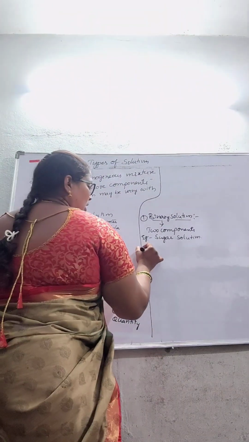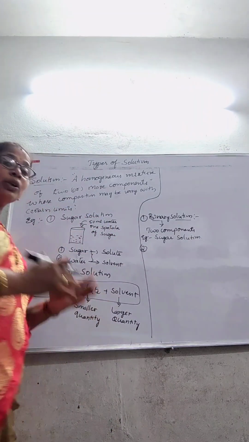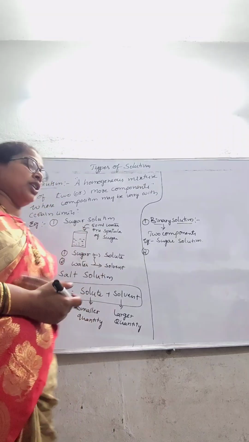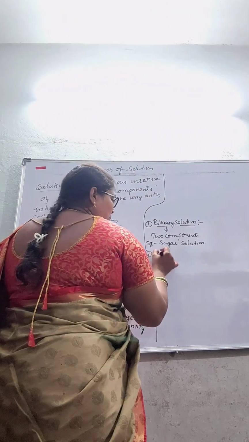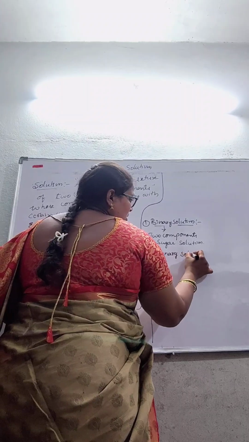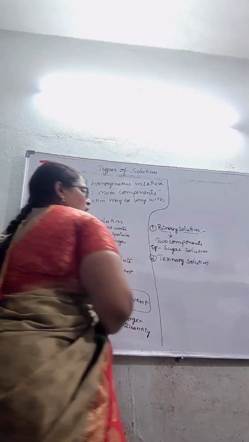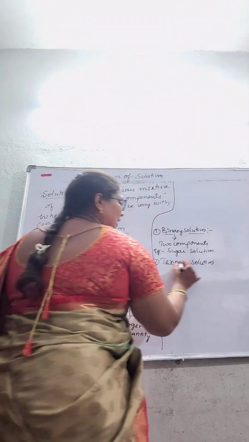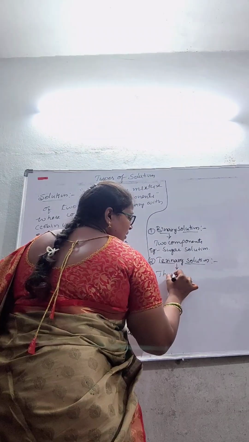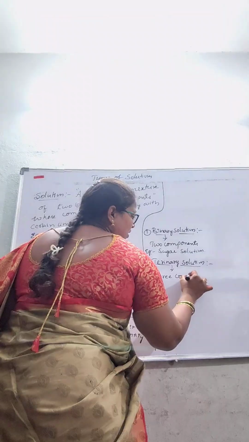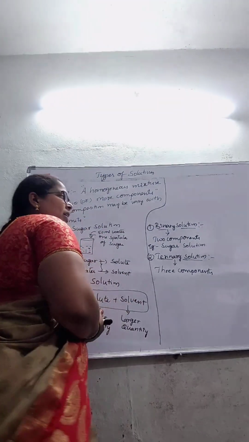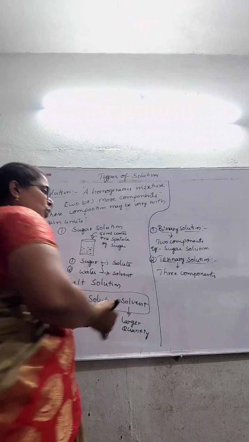And if the number of components present in a solution is three, that is called a ternary solution. The solution which contains three components is called a ternary solution.